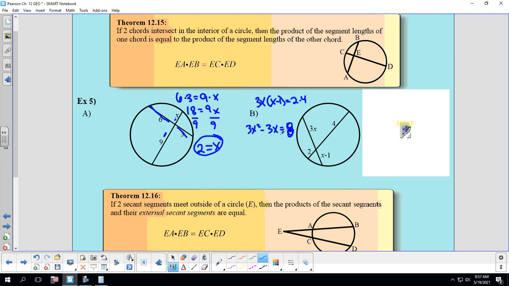All right, so we're going to move the 8 over so we have a quadratic in ax squared plus bx plus c. So we're going to subtract 8 from both sides.